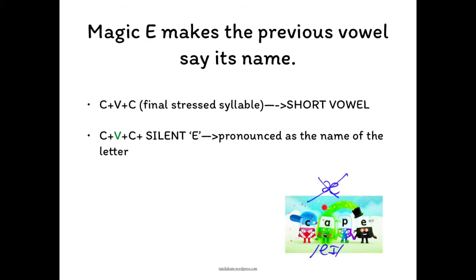The effect is that this letter says its name. Magic E, or jumpy E as it is called, especially for children who are learning to read and write, magic E makes the previous vowel say its name. So because this is letter A, you say A, cape.